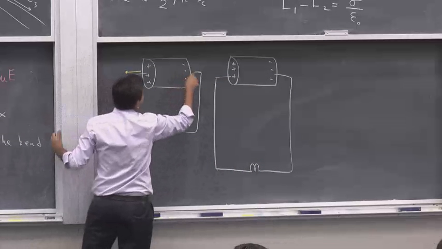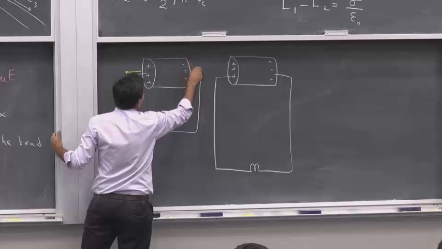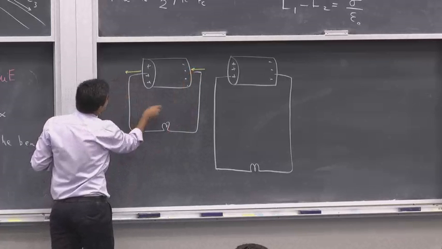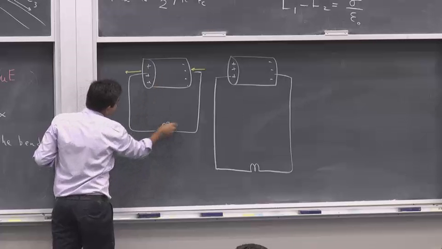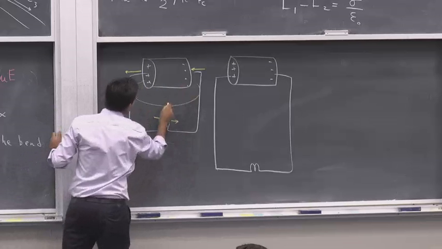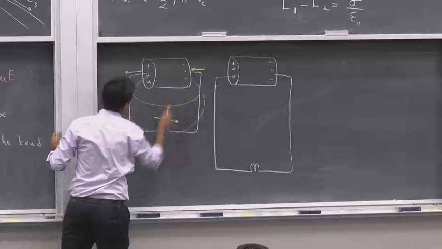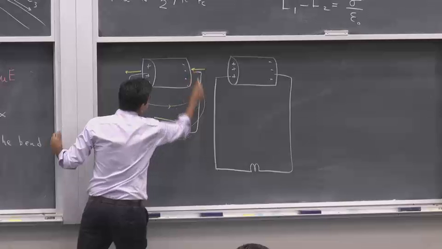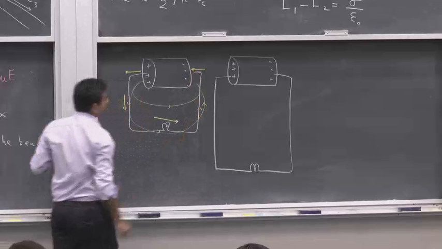The electric field here is pointing in this direction, right? So this is what the electric field of a dipole looks like, remember? Here the electric field due to this dipole is pointing in this direction, fine.